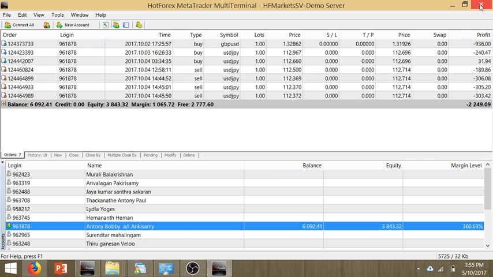This is an active trading account, from one of our partners who's actually actively trading. He has got 7 positions open. Most of it are swinging in the negative region. But let's look at the history.